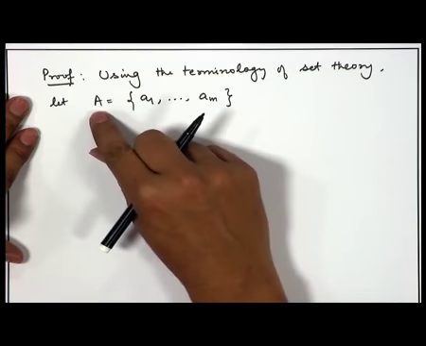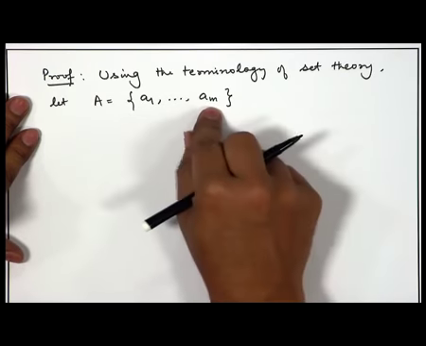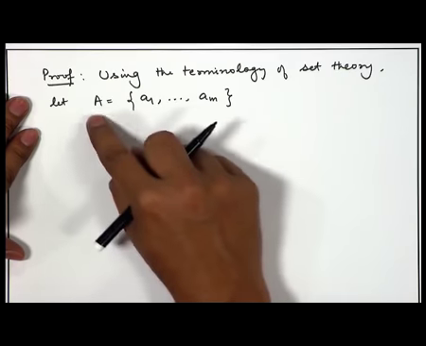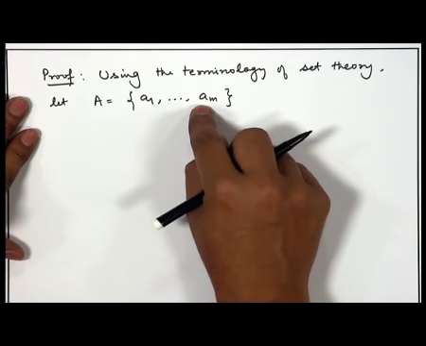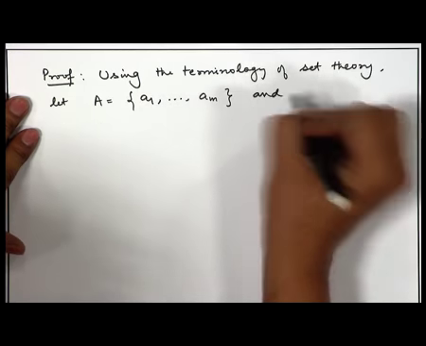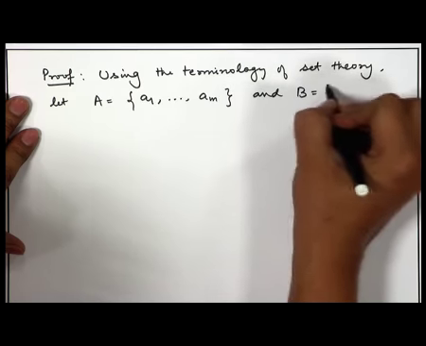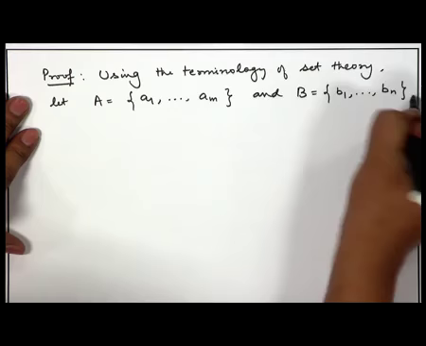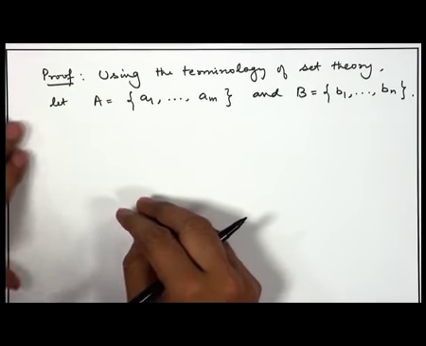So, for an event A to occur, there are m ways. So, we describe it in this particular fashion that A is a set consisting of m distinct elements a1, a2, am. And similarly, let us write the set B as consisting of elements b1, b2, bn.